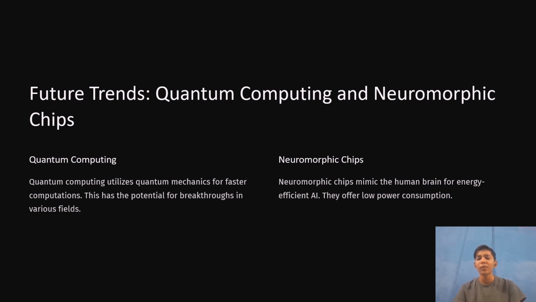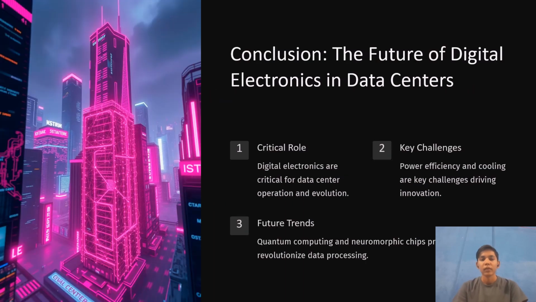Next, the neuromorphic chip. Neuromorphic chips mimic the human brain for energy efficiency. They offer low power consumption. Next is the conclusion: the future of digital electronics in data centers. Critical role: digital electronics are critical for data center operation and evolution. Key challenges: power efficiency and cooling are driving innovation.